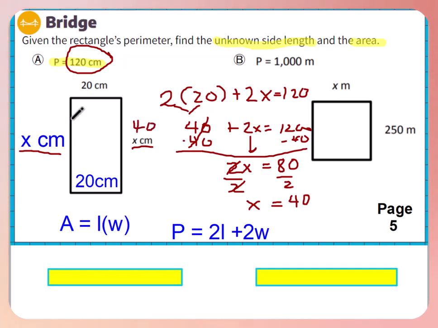Let's put those measurements here. And let's add all those up just to check. 40 plus 20 is 60. Plus another 40 plus 20. That's another 60. 60 plus 60 is 120. Now that we know the length and the width, multiply those together. 40 times 20, because area is length times width.